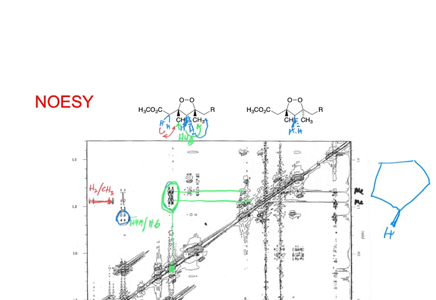Okay, so we're calling this H4B, and this is H4A, and we have this methyl group here and this methyl group over here. And H4B is showing NOE to both of the methyl groups, right, through space.